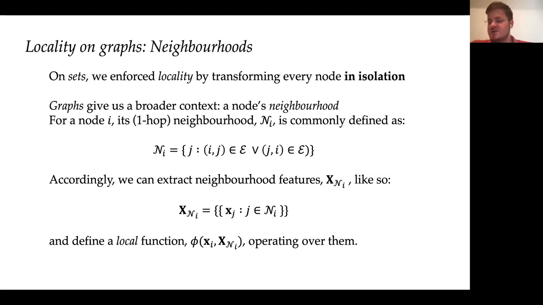And once you have a set of neighboring nodes, you can also extract a set of neighbor features, X_{N_i}, which is just this multiset of the x vectors for all the nodes that are in my neighborhood. And now I can do something more generic than just having a pointwise local function. I can have a local function that operates over not just the node itself, but also all the features in its neighborhood. And this local function we will call phi.